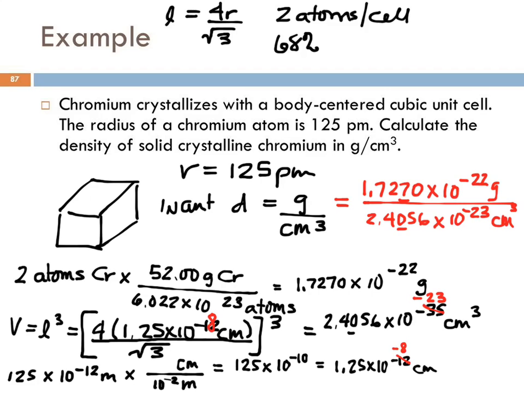That would have 3 sig figs, right? 7.18 grams per cubic centimeter.